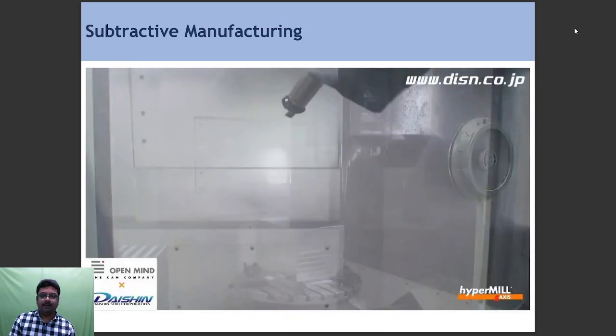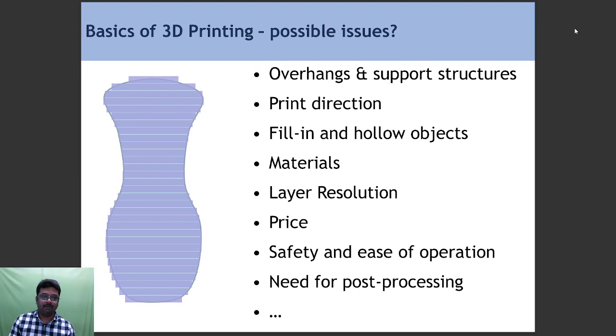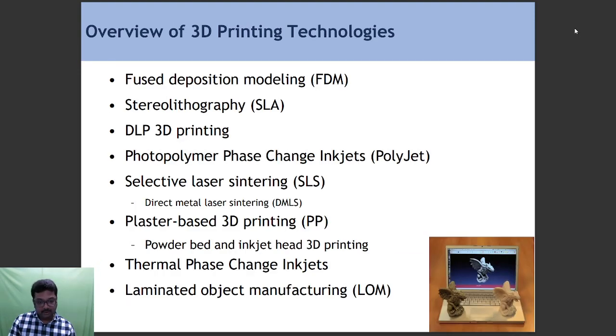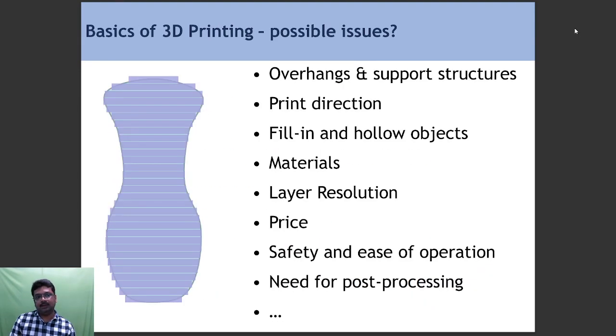How we can create the component is the next idea. This screen shows subtractive milling, where CNC milling is available, as you may know. Then how are we going to design for 3D printing? Normally for 3D printing we don't require any specialized software, because on the industrial side we have software like SolidWorks, CATIA, ANSYS, Creo Elements, and Triplex CAM is also available.